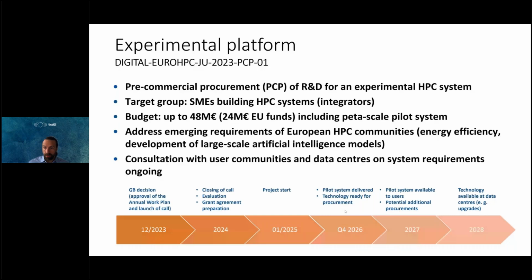We are currently in the process to discuss the scope and the needs of our communities for such a system, as well as data center and system requirements and what would be a sustainable design of this architecture that also has a chance to be successful on the wider commercial market. You can see roughly the timeline. So we expect this to be an initiative that delivers relatively soon a real system.